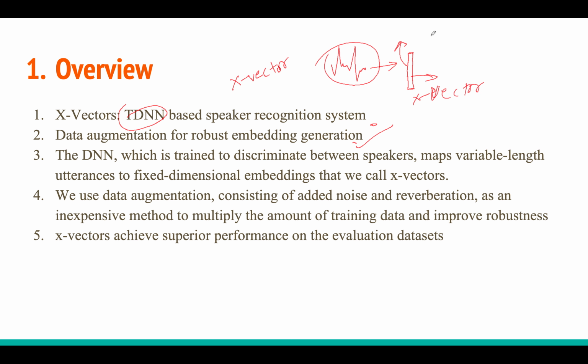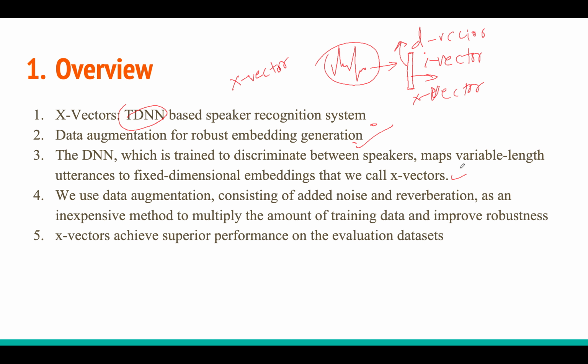In the same way, Google has published a paper where they do the same thing. They call it D-vector. And the same Johns Hopkins people, especially Najim Dehak, proposed this I-vector system, which also takes a variable length utterance and creates the same fixed dimensional embedding.